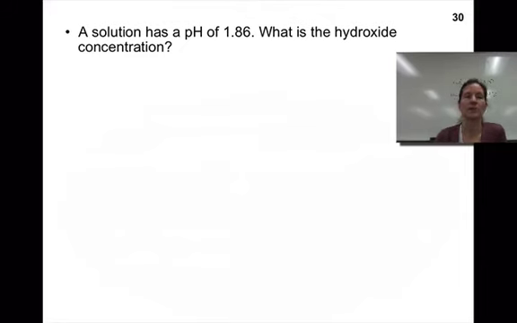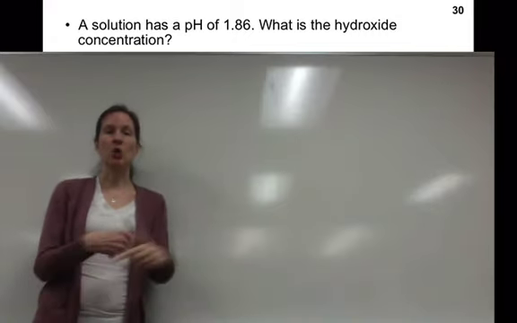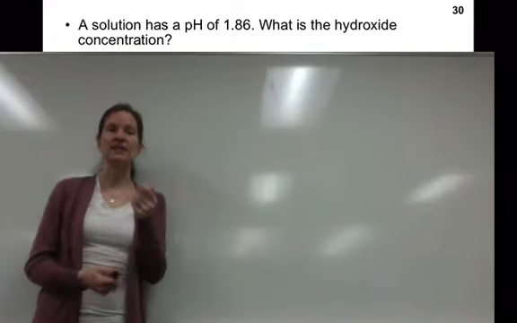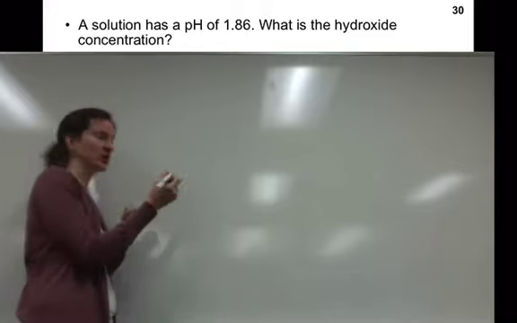Here's our first problem. A solution has a pH of 1.86. The question is, what is the hydroxide concentration? I said the number one thing people get confused is they don't know what they're solving for. Okay, I see that I have pH, and right away I know I have 2 potential equations.